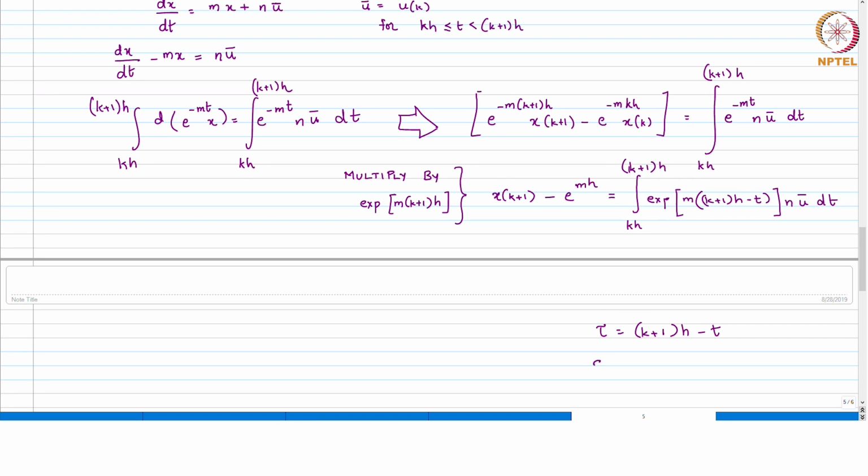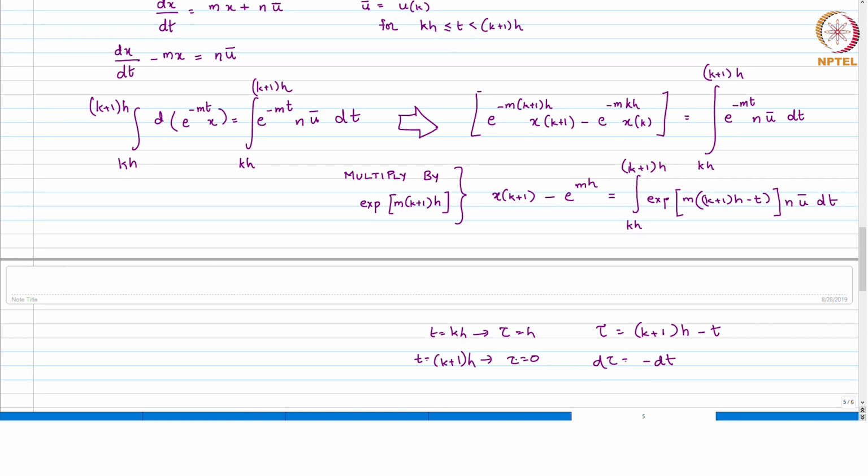So that d tau is minus dt, our limits are: at t equal to kh, tau is (k+1)h minus kh, which is h; at t equal to (k+1)h, our tau is 0.